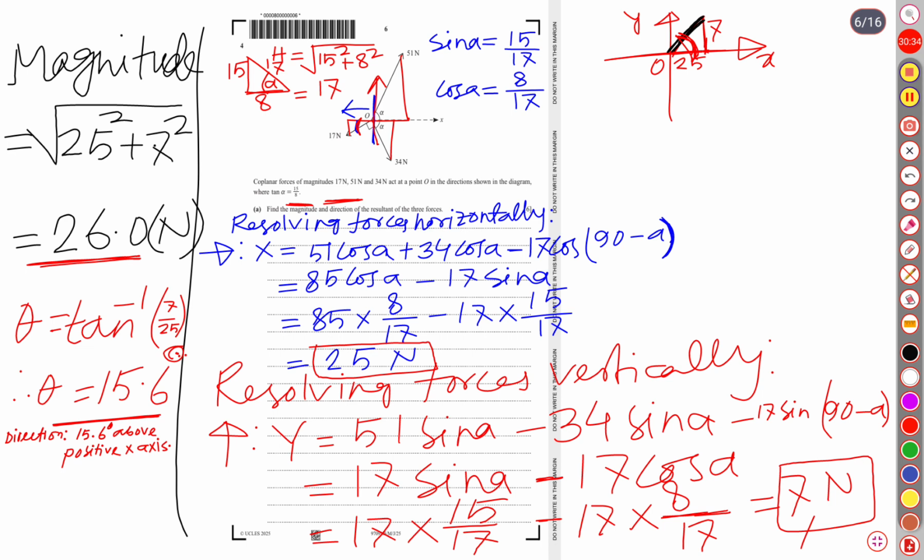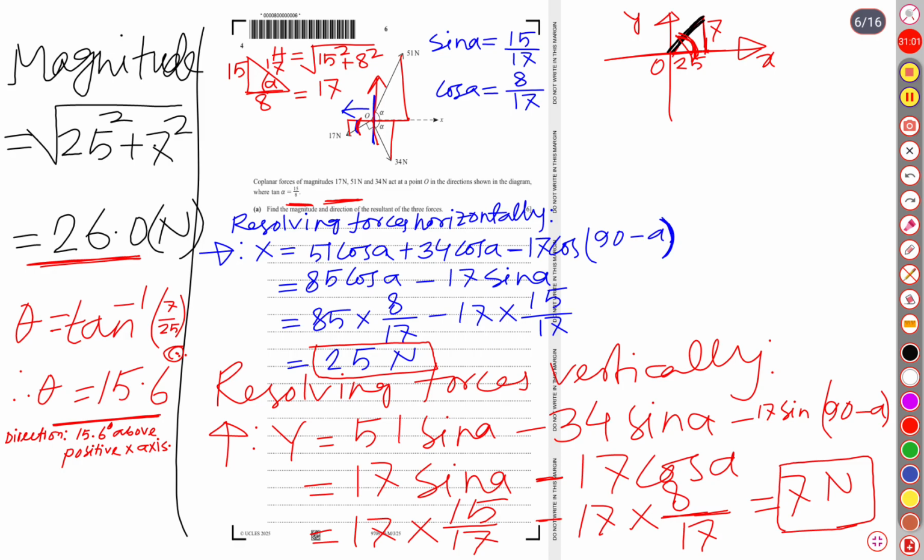After this we found the magnitude, which is the hypotenuse of the triangle, and both x and y are positive, so the magnitude will lie in the first quadrant.